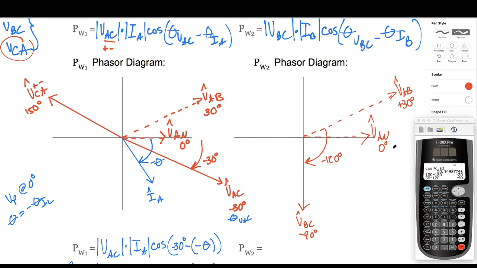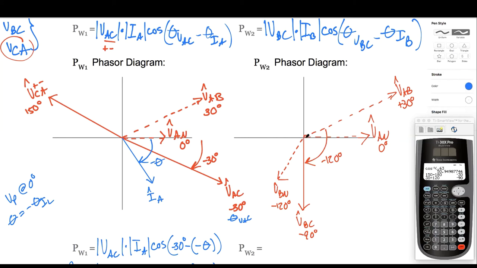It's going to be 0 minus 120 degrees, right? So VBN is going to be down here. VBN, 0 minus 120 is negative 120 degrees. Again, for simplicity's sake, it's much easier to work the math out this way, but it'll work out regardless.